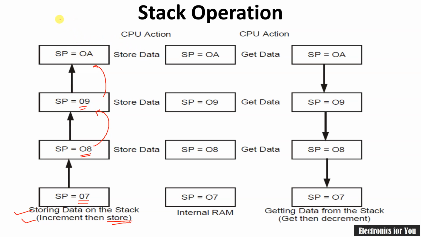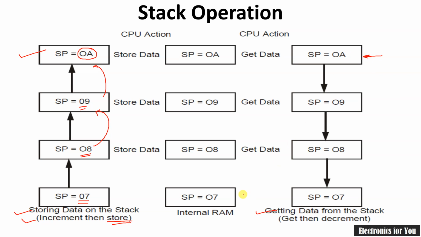Now let us talk about the other one, getting data from the stack. Note here that, again, the stack pointer generally indicates the top of the stack. Here 0AH is the top of the stack where we have stored the last data, and therefore this 0AH has some data.